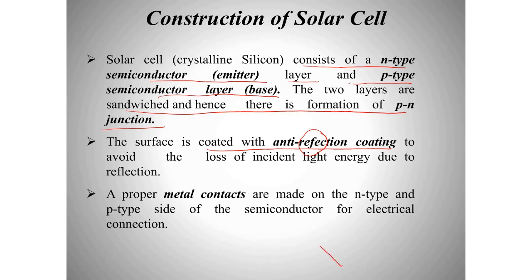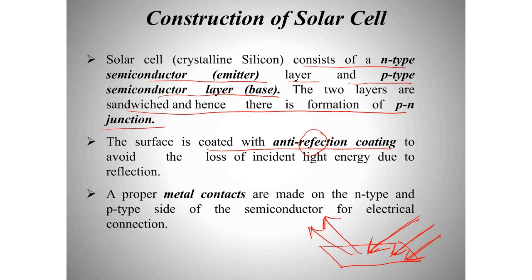See what will happen: basically it is a physical phenomenon. The energy of the sunlight will be absorbed, and then this energy will be converted into electrical energy. But now when this sunlight is coming over this solar panel, if the light is reflected, then some percentage of the energy of that incident light will be lost, and therefore the efficiency will be less.